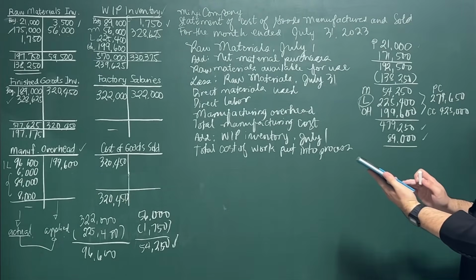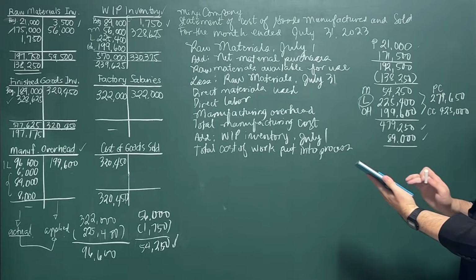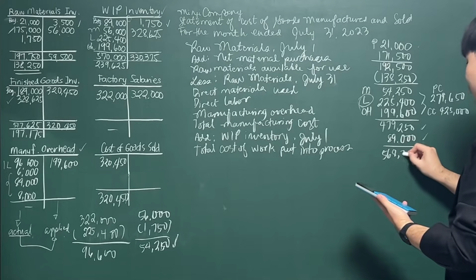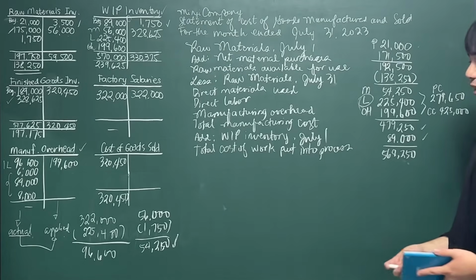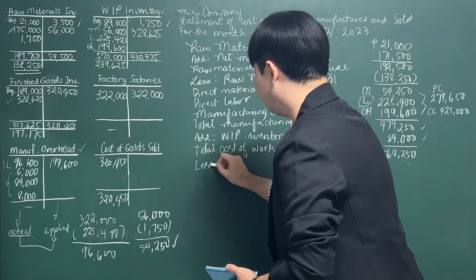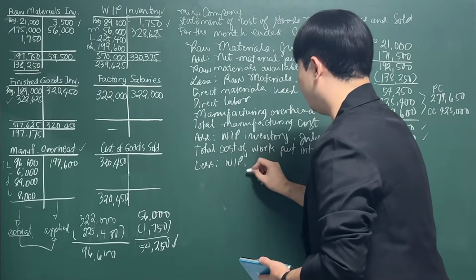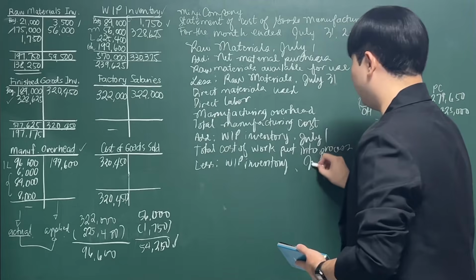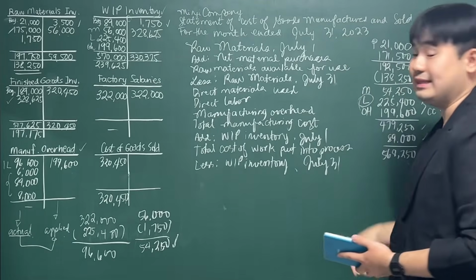479,250 plus 89,000, that is 568,250. Okay, and then we deduct your work in process inventory at the end of the month.